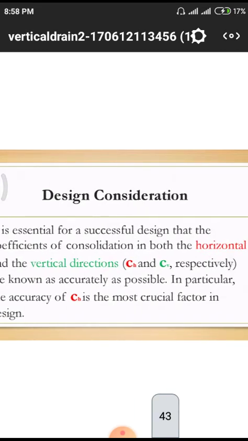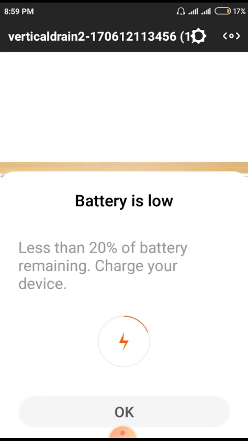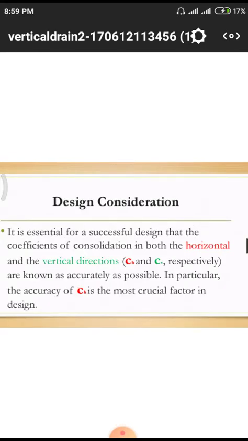Next one is the design considerations. How they need to design a particular drain hole. It is essential to design with coefficient considerations for both horizontal direction and vertical direction. Here they are representing the horizontal direction with this CB, and the vertical direction with this CV, where CB is the horizontal direction and CV is the vertical direction.